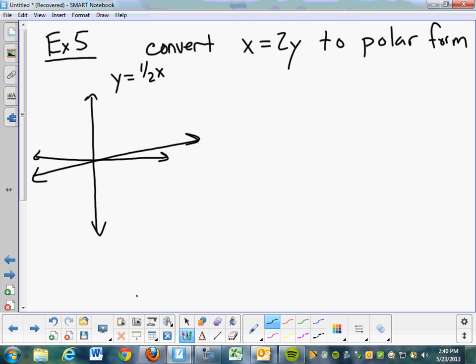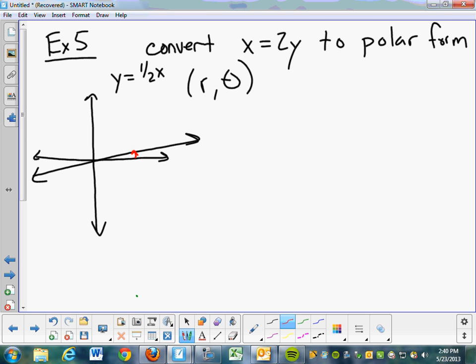Now think about this, people. If we want to convert this to polar form, to r theta, does the angle ever change? No. The angle's the same. It's just that either the radius is positive and goes on forever, or the radius is negative and goes the opposite direction.